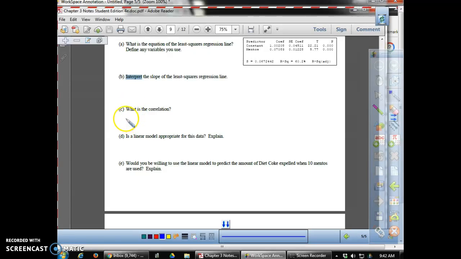So the correlation r is going to be the square root of 0.602, and notice I converted this to decimal, and that is going to give me 0.7759. Okay, it's positive, obviously, but if I had had a negative slope, I'd have to put a negative out front. But this will be positive because the association is positive.